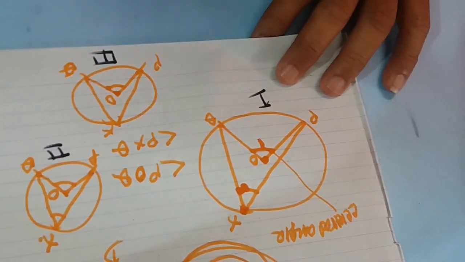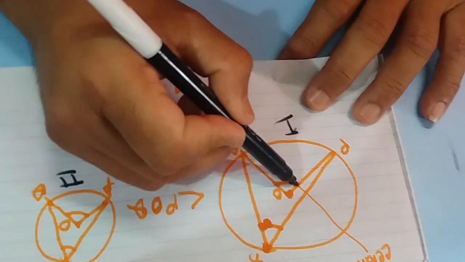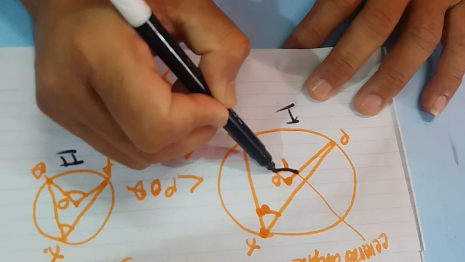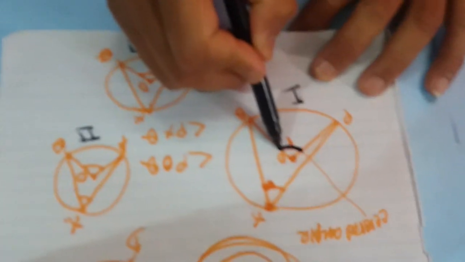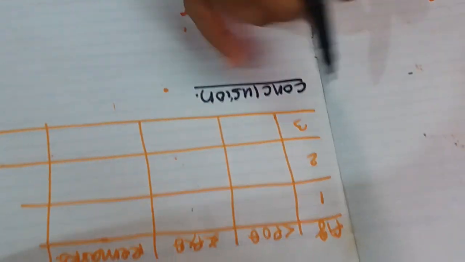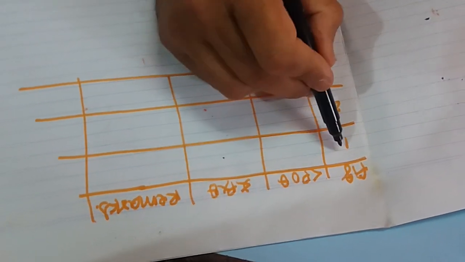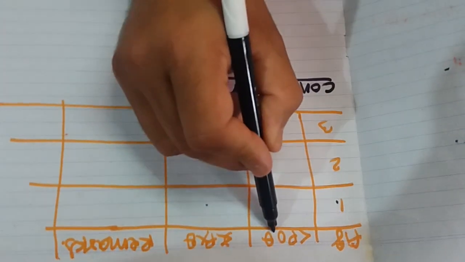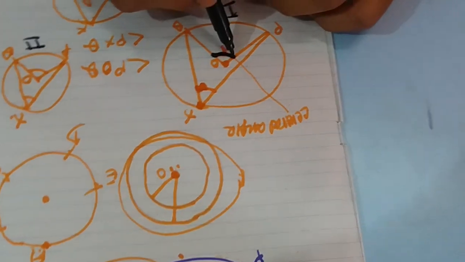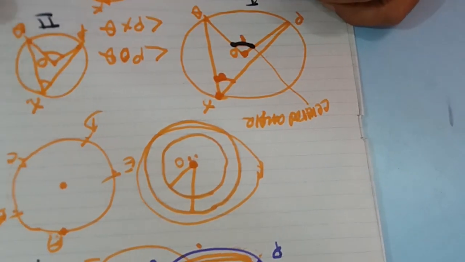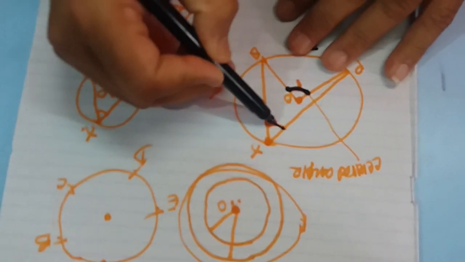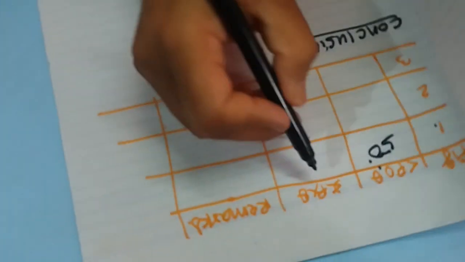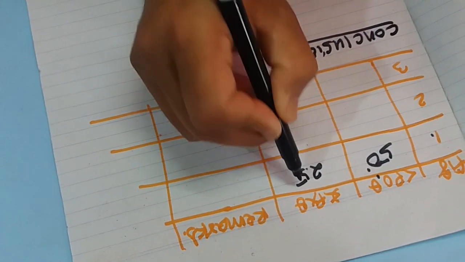Then we measure this angle POQ, which is the central angle, and write down whatever value we obtain. In the first figure, I measured angle POQ and found it is 50 degrees, and similarly I measured angle PXQ, which I found is 25 degrees.